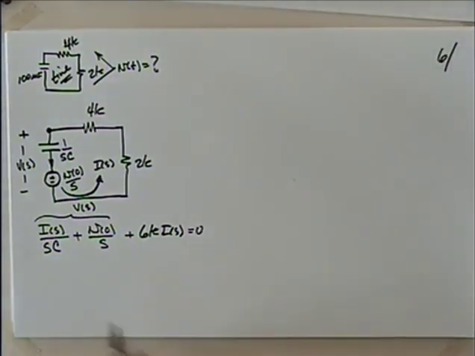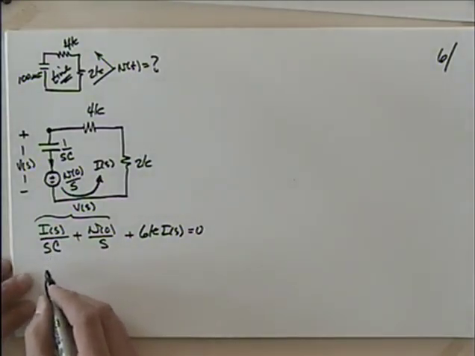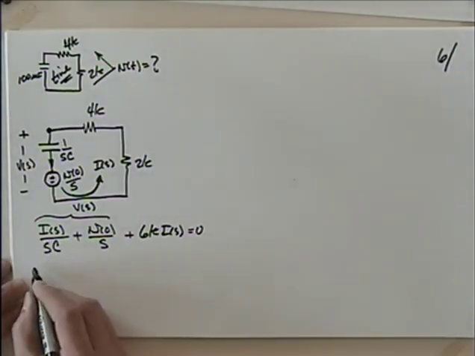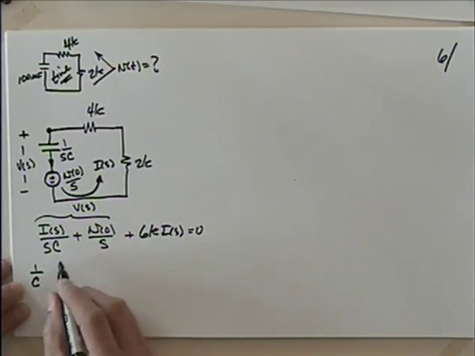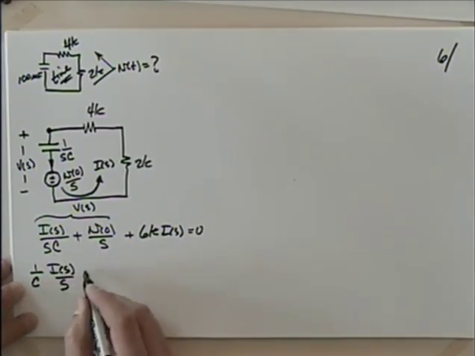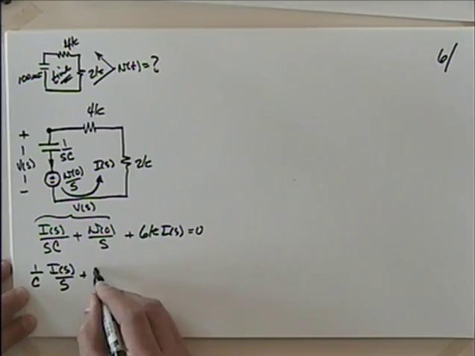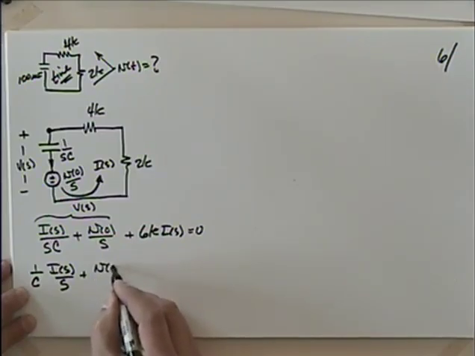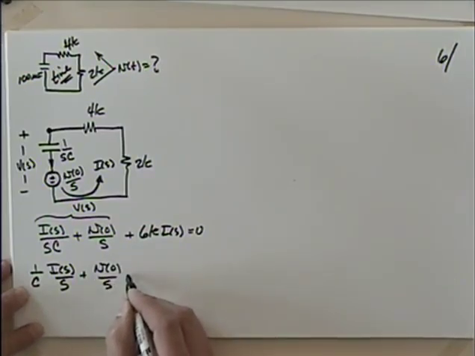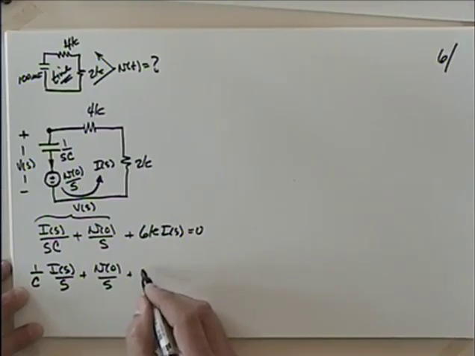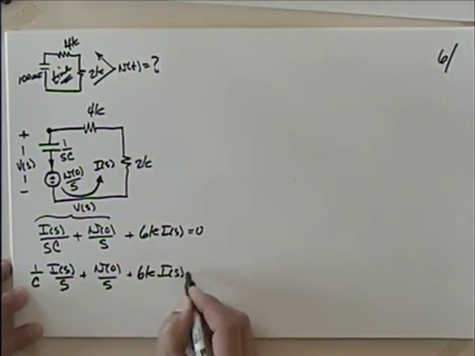Okay, so let's start to put the values in here. We've got essentially 1 over C times I of S over S plus V naught over S, or the initial voltage, over S plus 6K. I didn't make much progress with this step, did I?